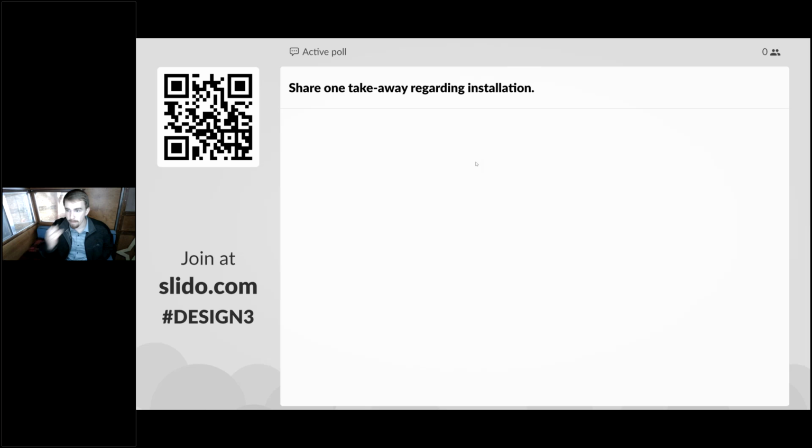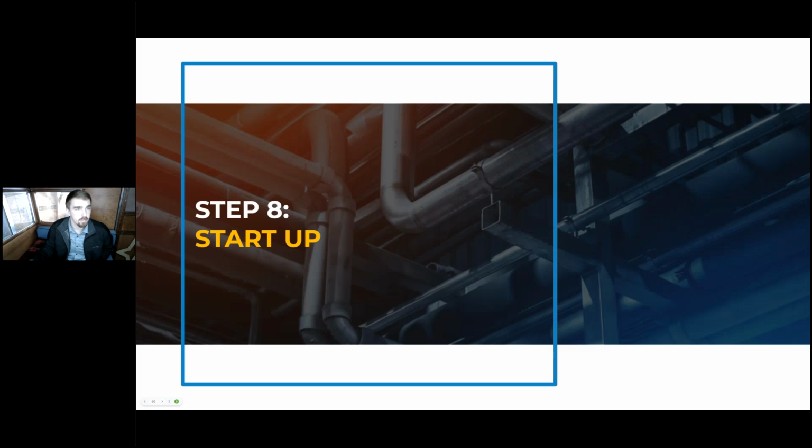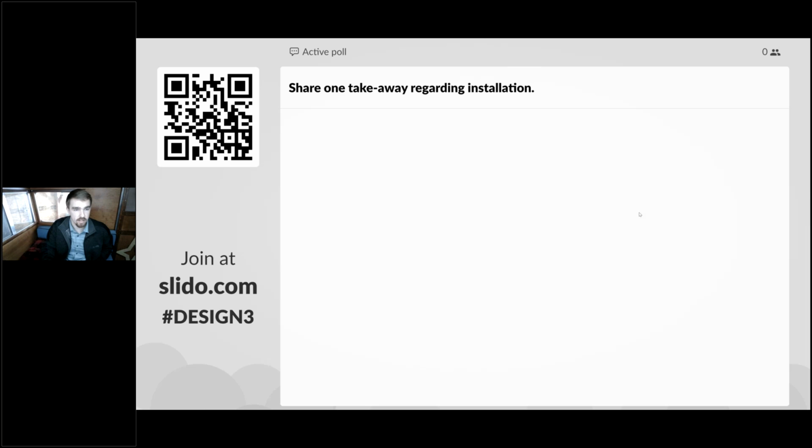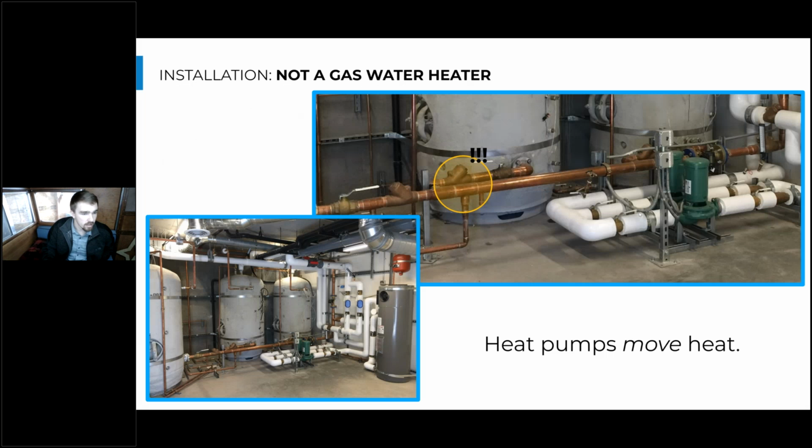So we have a question. I noticed the gas boiler in series with the heat pump water heaters. How do you size this unit? So I will, let's see, can I go previously? Yeah, so, let's see.